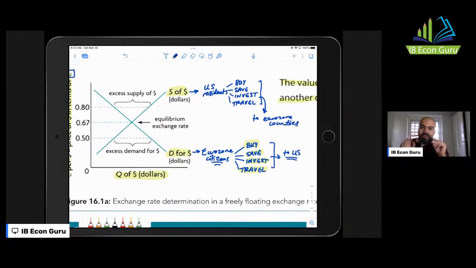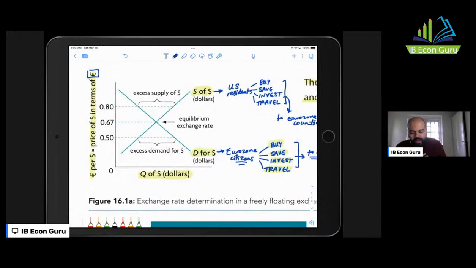It's very important to remember that the demand for a currency comes from foreigners who wish to buy, save, invest, or travel, while the supply of a currency comes from the residents or the citizens of that country. These are the people that have the currency and they're willing to supply it.